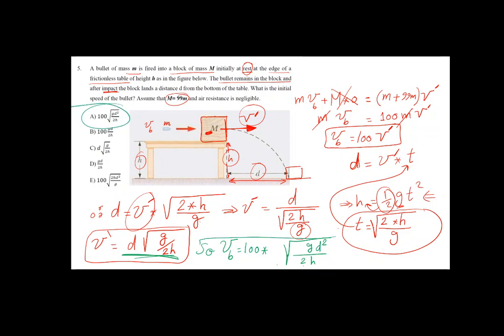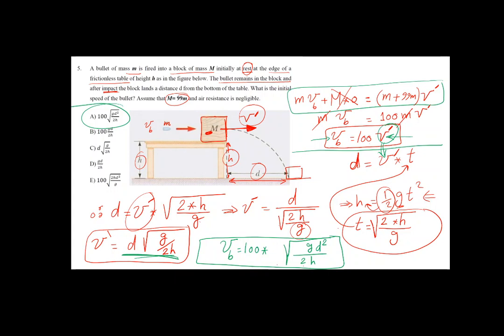Okay, guys, it's a little bit long, but it's worth doing. So at the beginning again, conservation of momentum. Total momentum before equals total momentum after. So I reach a relation between the speed of the bullet and the speed after collision. This speed after collision will be an initial speed for the projectile.